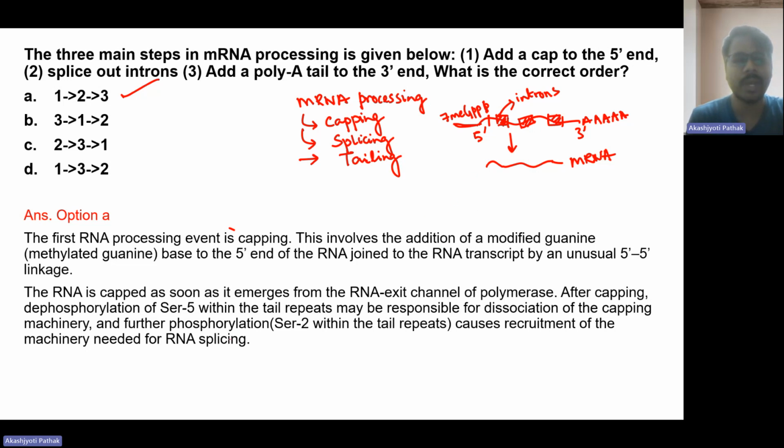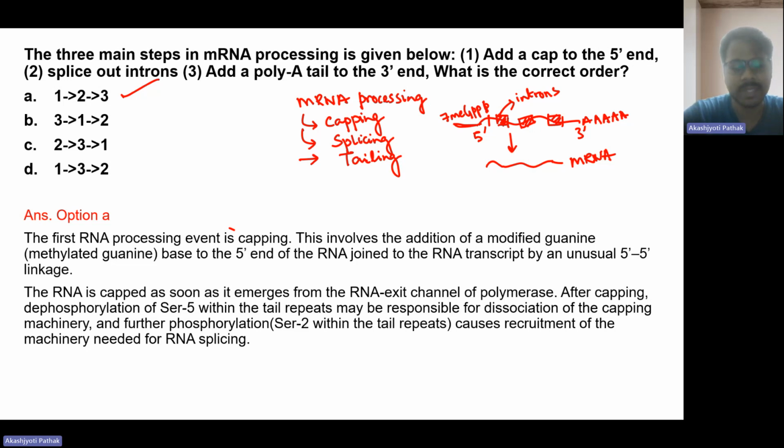So after capping, what happens? There is dephosphorylation of the serine 5 within the tail repeats, and this dephosphorylation acts as a signal for the dissociation of the capping machinery.